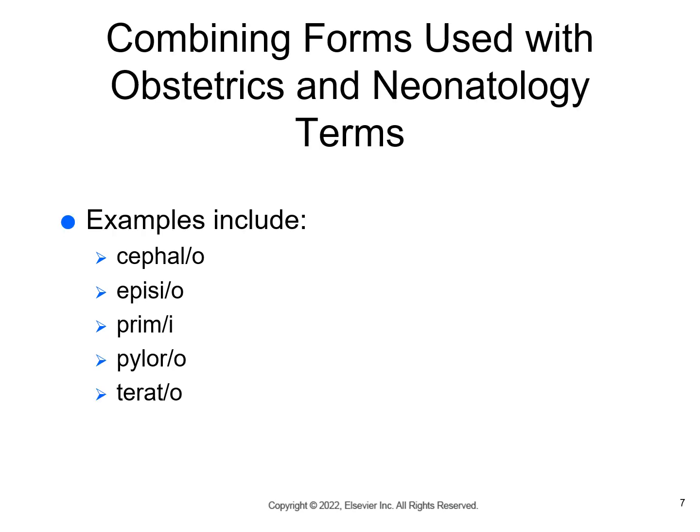Some other examples include cephalo, which means head, episio, which means vulva, primi is first, and in this case the combining vowel is not an O but an I. Pyloro means pylorus or pyloric sphincter, and terato is malformation.